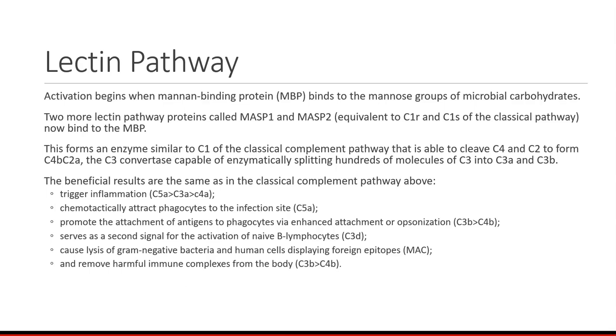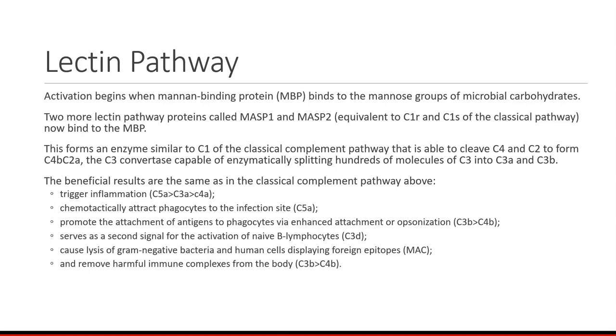This forms an enzyme similar to C1 of the classical complement pathway, and it's able to cleave C4 and C2 to form the C4b2a, the C3 convertase, which is capable of enzymatically splitting hundreds of molecules of C3 into C3a and C3b. The beneficial results are the same as in the classical complement pathway.